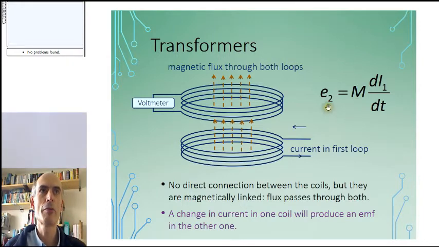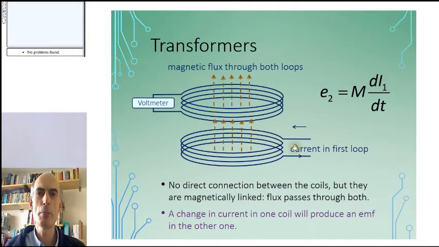It's the ratio of the EMF produced in the second coil to the rate of change of current in the first coil. And transformers are symmetric in the sense that the EMF produced in the first coil due to a change in current in the second coil would have the same value of mutual inductance.